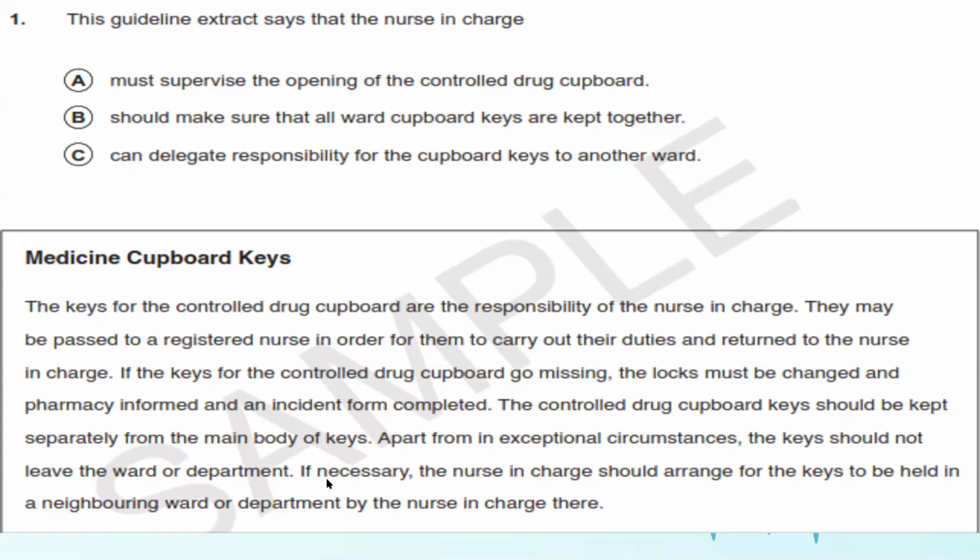As you see in this sentence, if necessary, the nurse in charge should arrange for the keys to be held in a neighboring ward or department by the nurse in charge there. So can delegate responsibility for the cupboard keys to another ward. The next one.